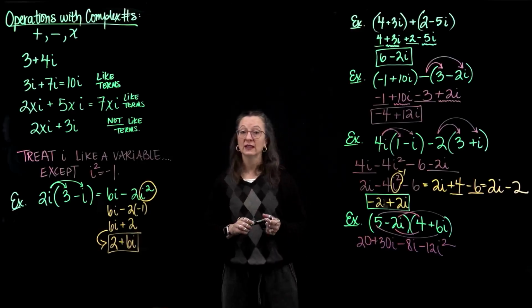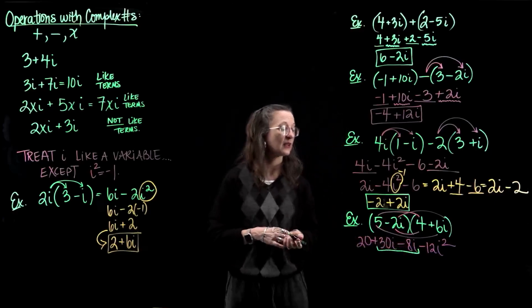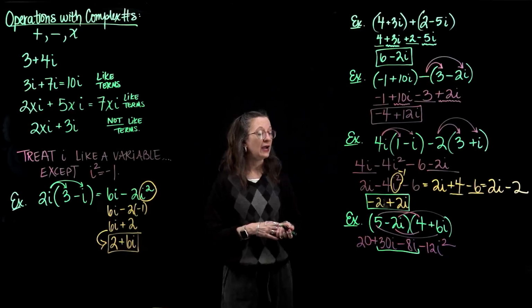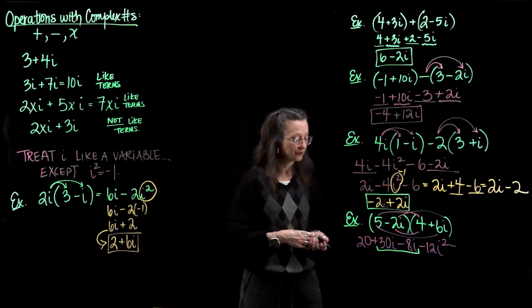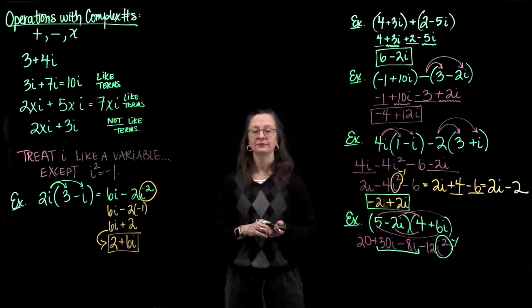All right, there's two things I'd like to do. One is I have some like terms here that I can combine, 30i minus 8i. The other one is i squared can be rewritten as negative 1.